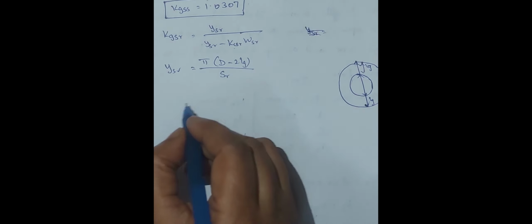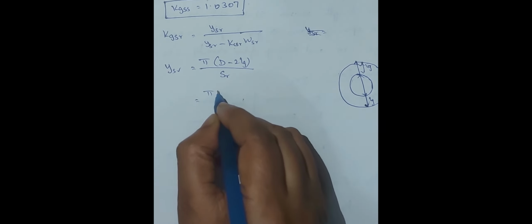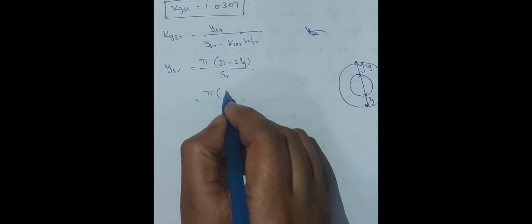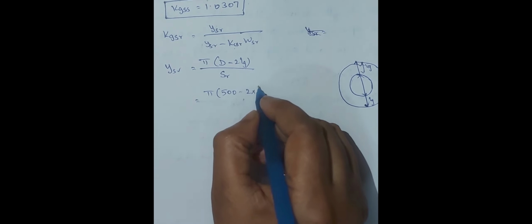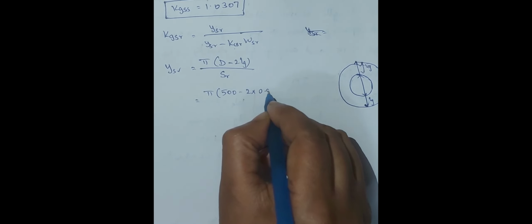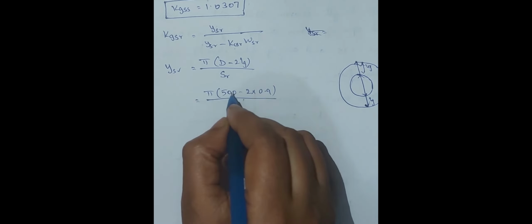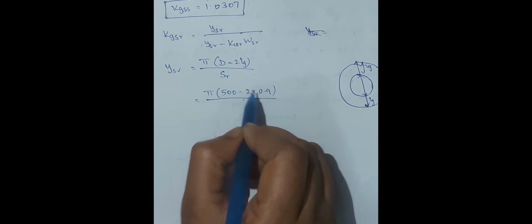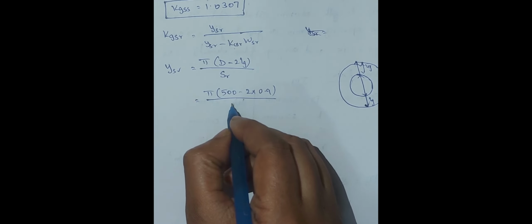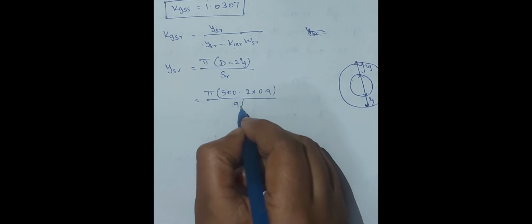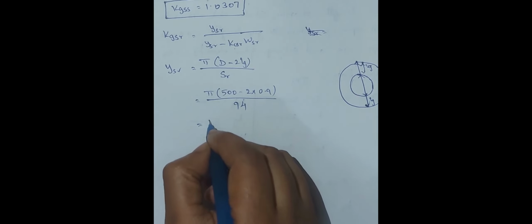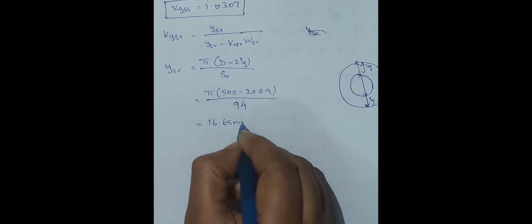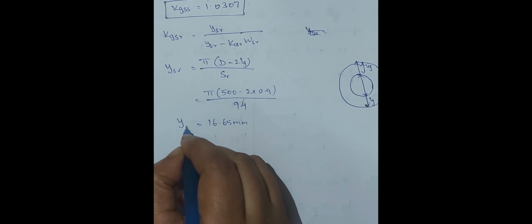So pi value keep as it is, D value is 500 minus 2 into LG value 0.9. Everything is in mm, so no problem. The rotor slots are given as 94. So the YSR value will now be 16.65 mm. This is the rotor slot pitch.